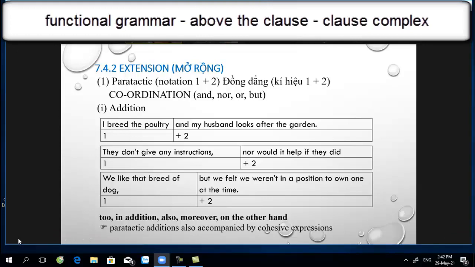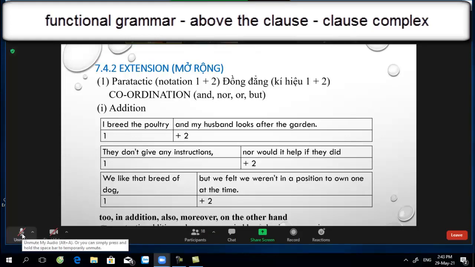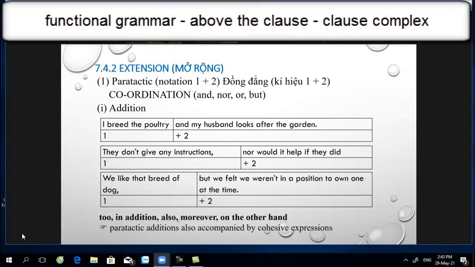We like that breed of dog, but we feel we weren't in a position to own one at that time. Okay, thank you. And I have a list here too: in addition, also, moreover, on the other hand, is the paratactic addition, also accompanied by cohesive expression.